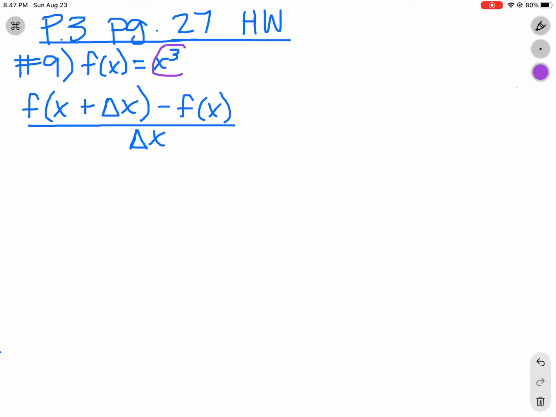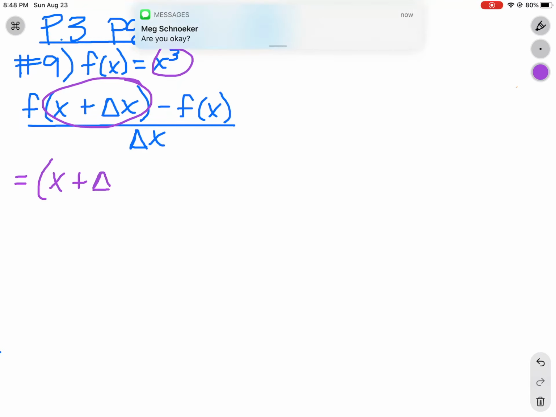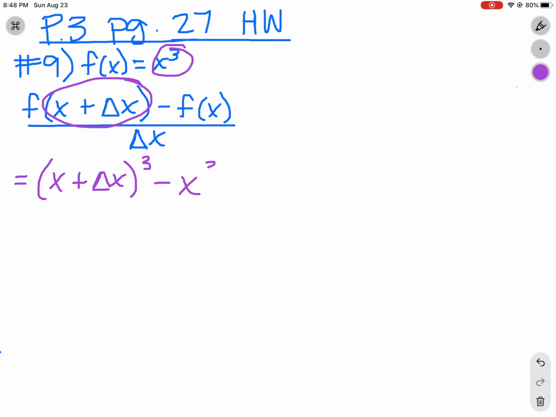Since our function is x cubed, and we have to plug x plus delta x in because it's f of x plus delta x, we would have x plus delta x cubed, minus our whole function x cubed, over delta x.